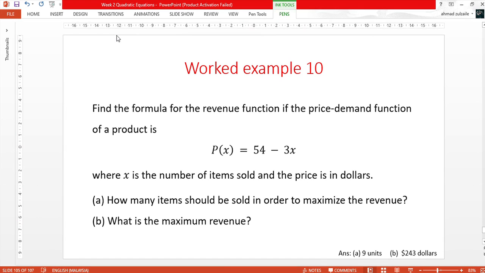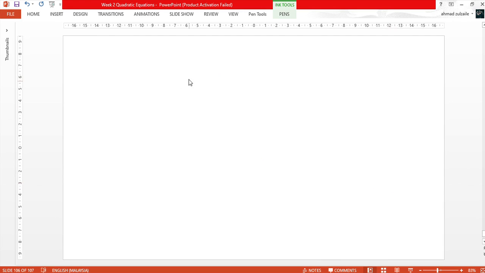First things first, let's identify the equation for the revenue function.